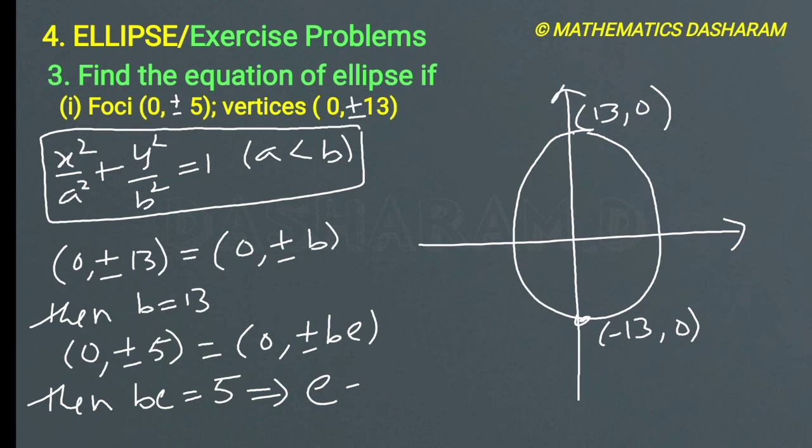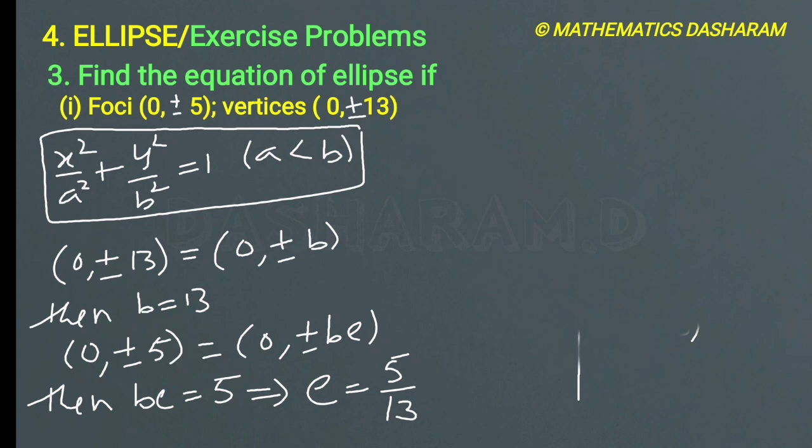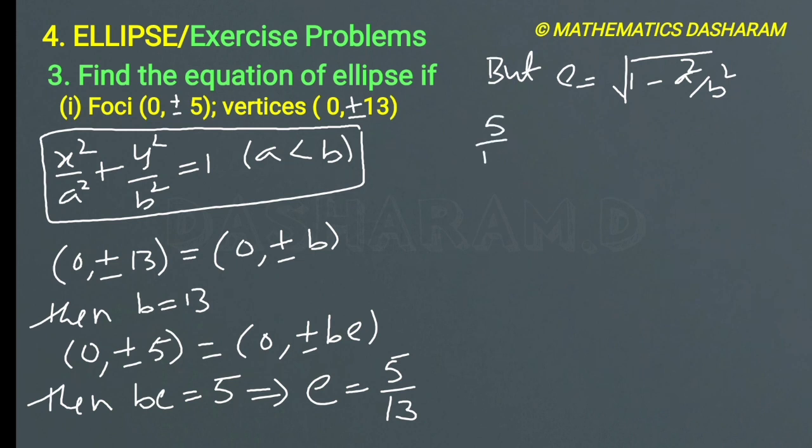So e value will become 5 divided by 13. Next we need the small a value. To find the small a value, use the eccentricity formula. What is that formula? e equals under root 1 minus a square divided by b square, because a is less than b.